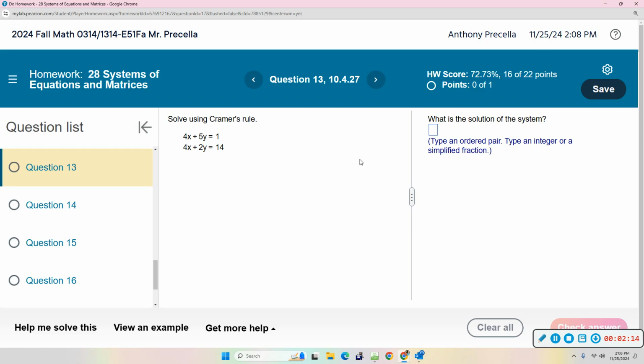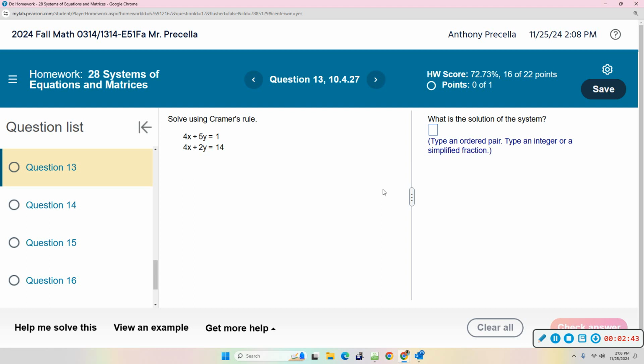First of all, do you all agree that this system could certainly be solved using elimination? We already have the same coefficients on x, 4 and 4. All we'd have to do is multiply through by -1 so that they have opposite signs, and we could eliminate x. But we're not going to use elimination.